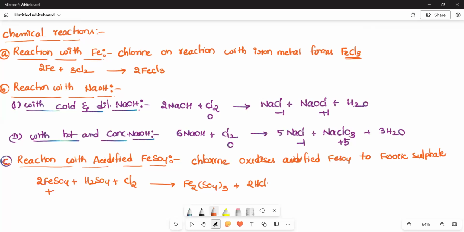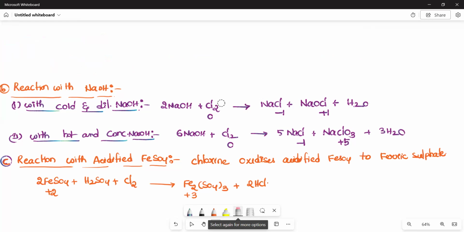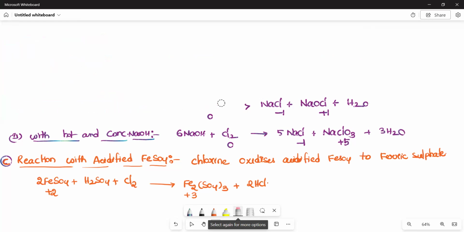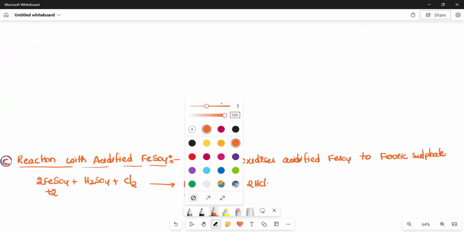Here the iron oxidation state is +2, and here the iron oxidation state is +3. So the only thing we are dealing with here is chlorine's redox reactions, its oxidizing capacity. We are discussing chlorine's oxidizing capacity, Amma. So you should become familiar: on seeing the species, you should know who gets oxidized and who gets reduced.